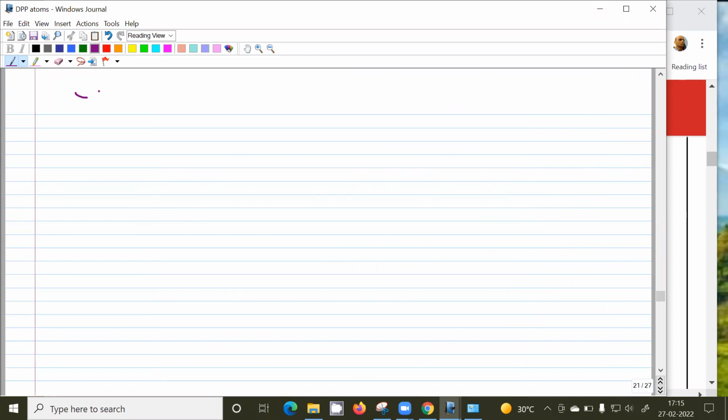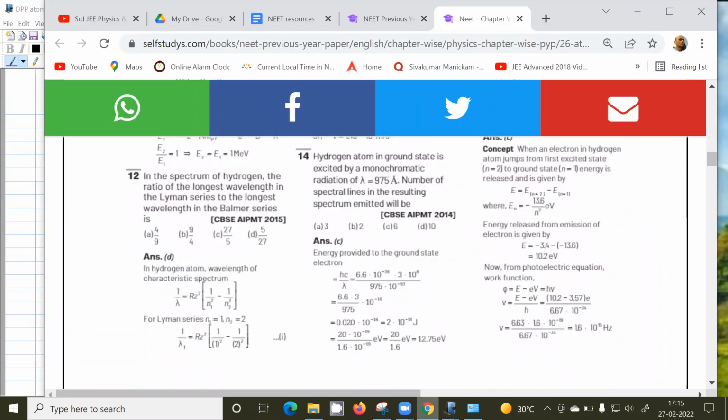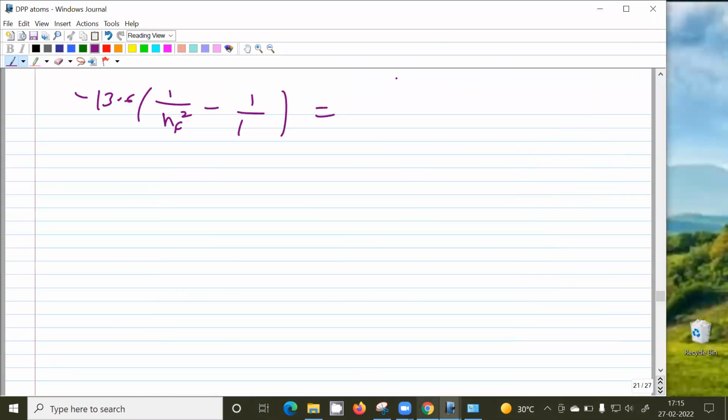minus 13.6 into 1 by n final square minus 1 by n initial square equal to 12.75. So from this I can get n final.